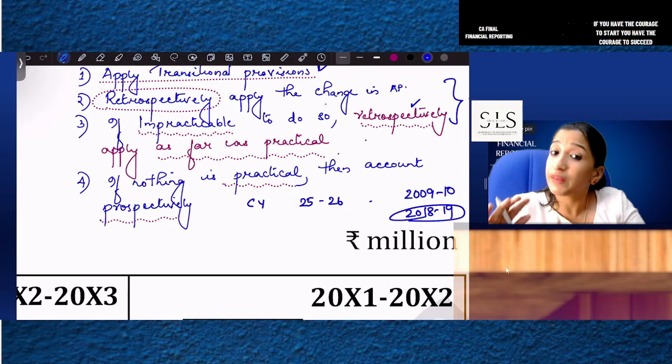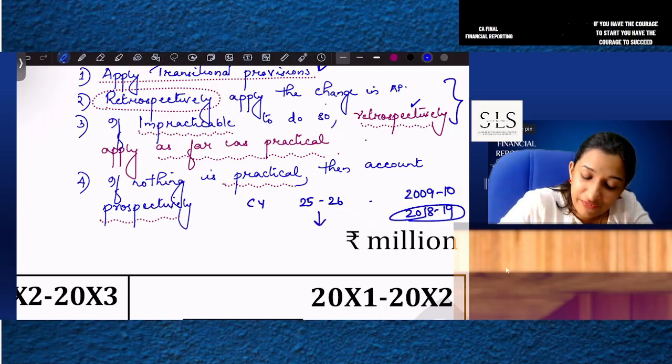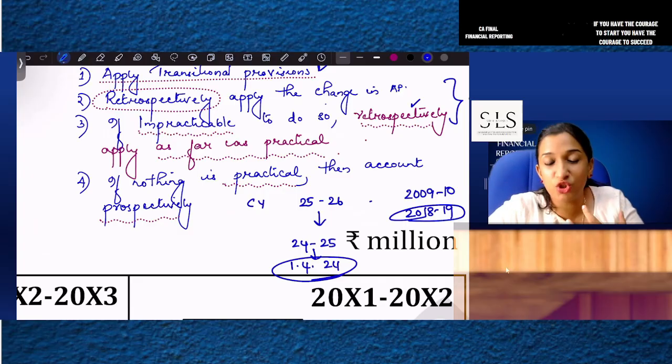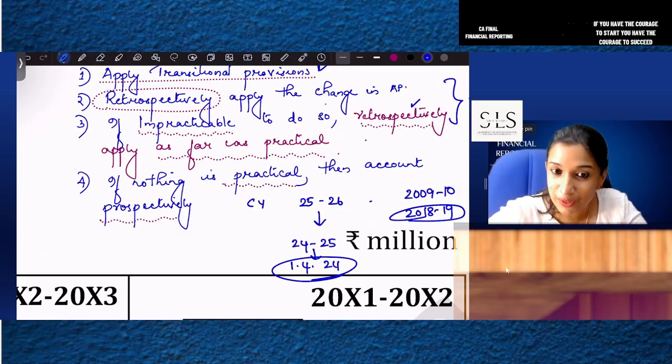Not required. Then go back to the previous year 24-25. Go back to the beginning of the previous year, that is 1st April 24. You make the changes from 1st April 24. You remember the Ind AS 1 opening balance sheet? We need to make the corresponding changes in inventory.